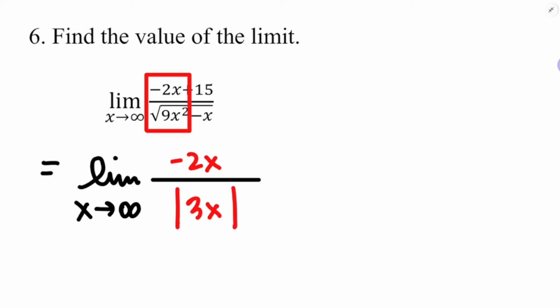Now in this case it doesn't really matter because x is approaching positive infinity, but I think it's going to matter on the other one. All right, so as that happens, the numerator is negative, the denominator is positive, so that's going to be a limit of negative 2/3.